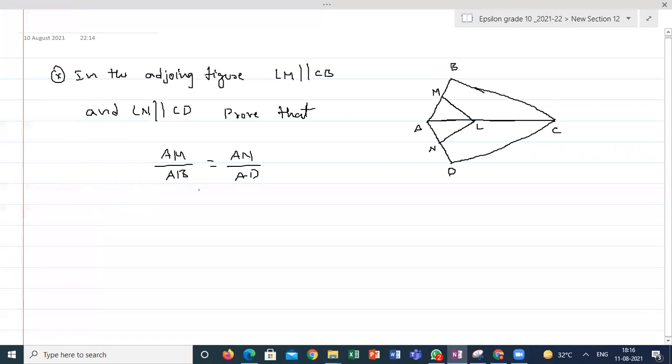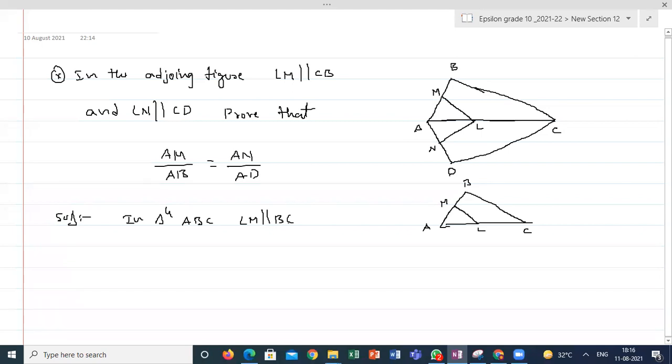Guys, shall I continue for the solution? I'm taking only this triangle, and according to the given data, A, M, B, L, C. In triangle ABC, according to the given, LM is parallel to BC.